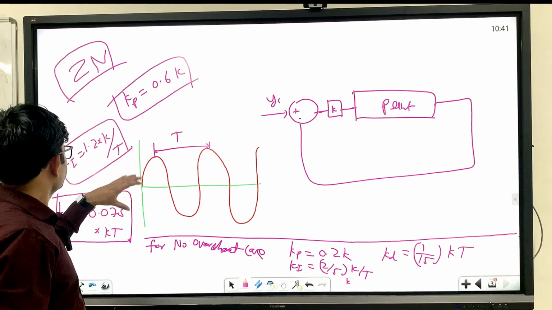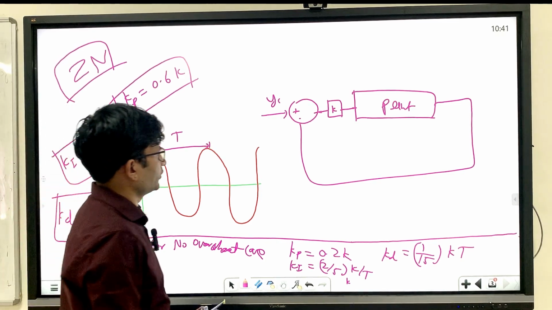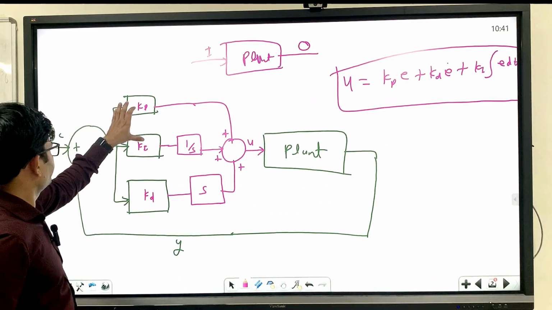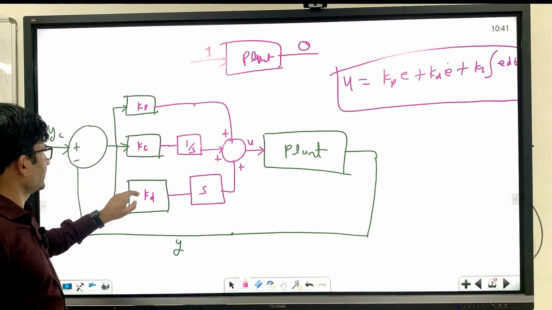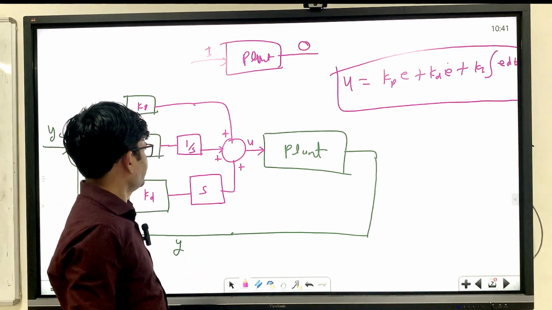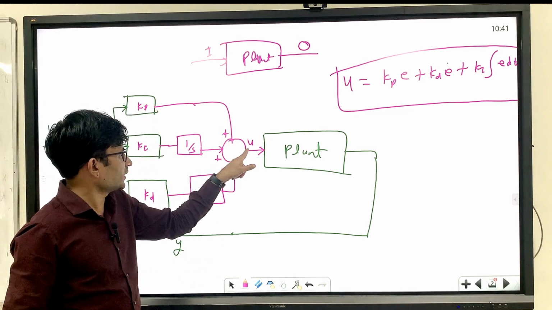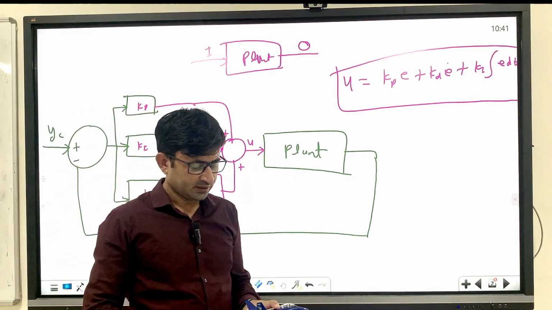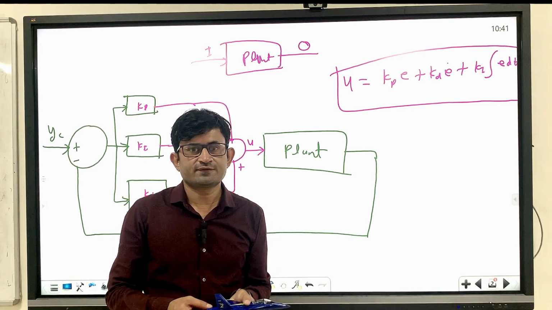Now, once you select this gain, you can put in this block Kp, Ki and Kd, and you can actually get the response that you want. But be careful, you do not supply it directly to the plant, because this has some physical constraint.